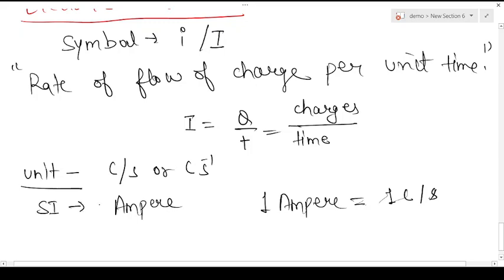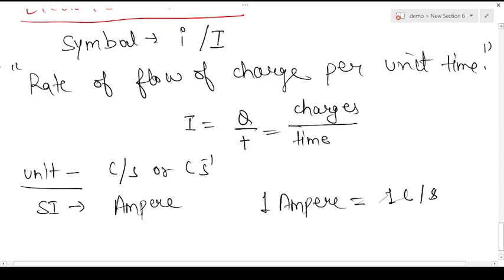In physics we have a few fundamental units from which the units of the other physical quantities are derived. So ampere is one of those fundamental units. Charge is not a fundamental unit, but ampere is a fundamental unit. Then this is about the electric current.